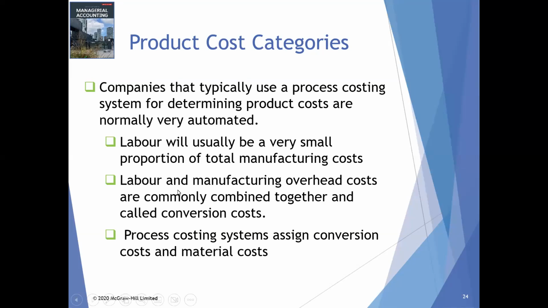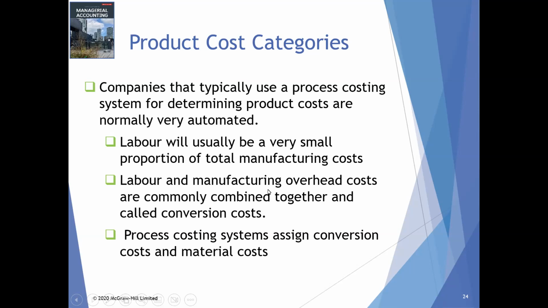Labor and manufacturing overhead costs are commonly combined together and called conversion cost. Okay, this is very important. Labor plus manufacturing overhead. I'm repeating again: labor, not material. Because normally the labor will usually be a very small proportion of the total manufacturing cost.